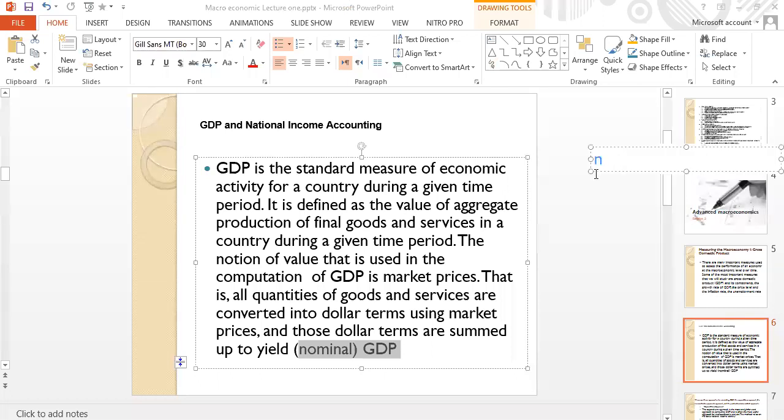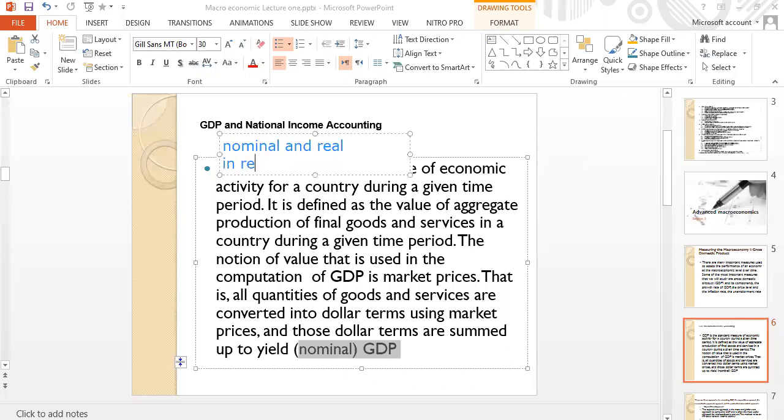So we have nominal GDP and real GDP. Nominal GDP is calculating GDP for the same year, but in real GDP, what do we use?